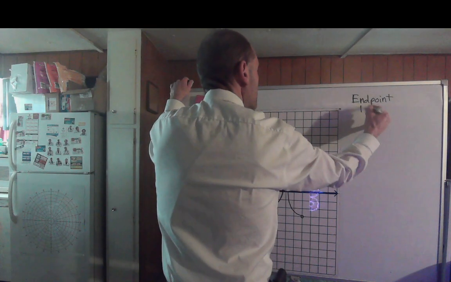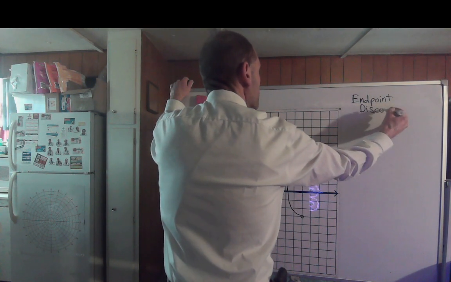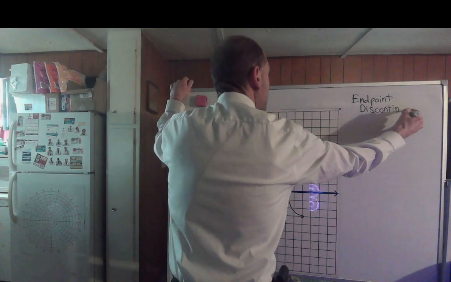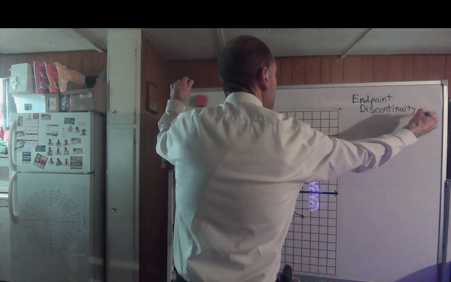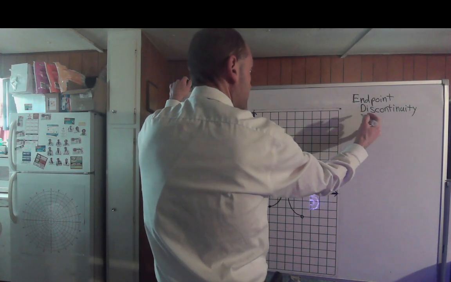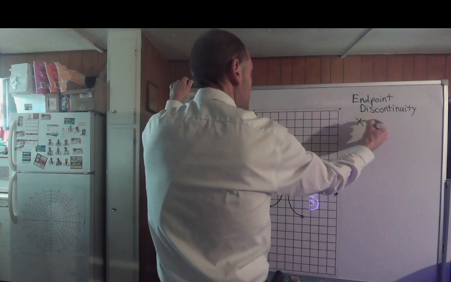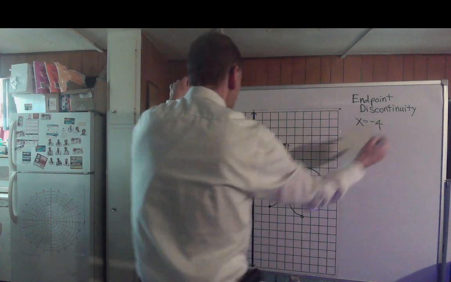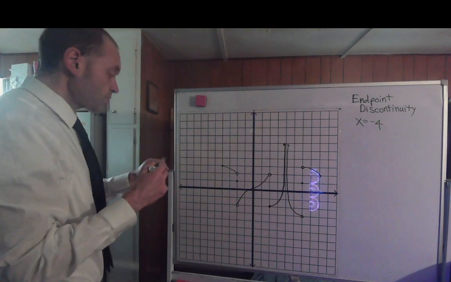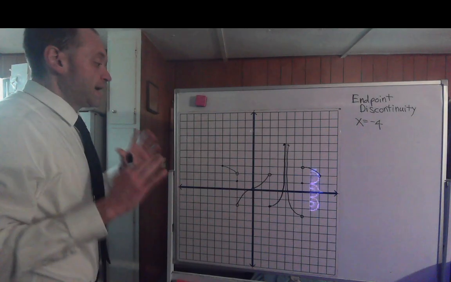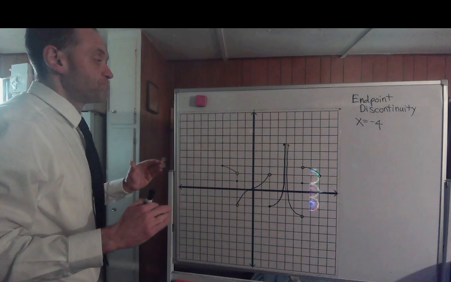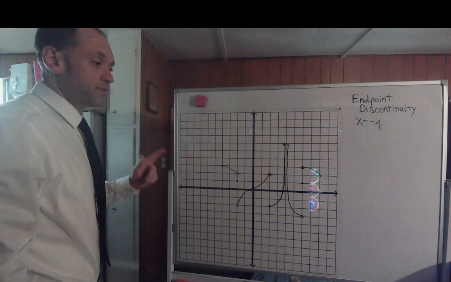So, endpoint discontinuity is going to be located at x equals -4. Now, what we have to assess here are a couple of things.